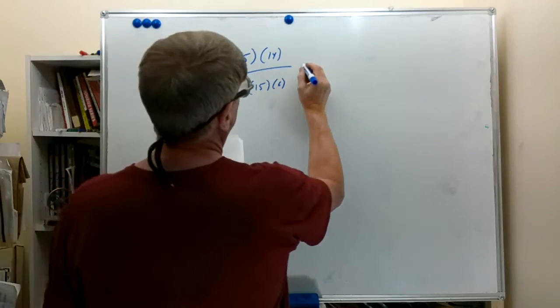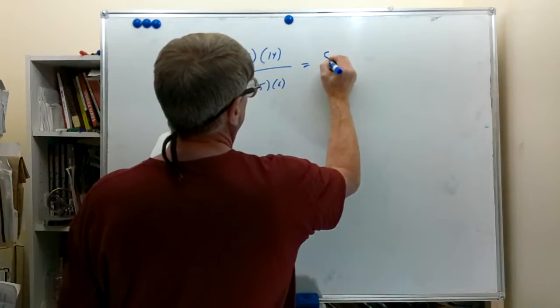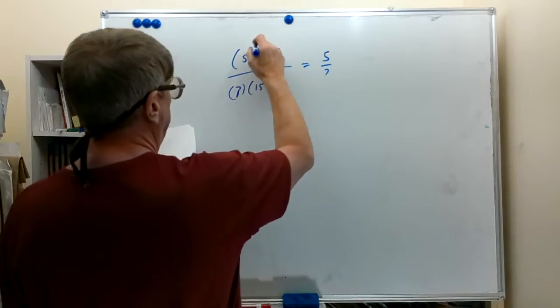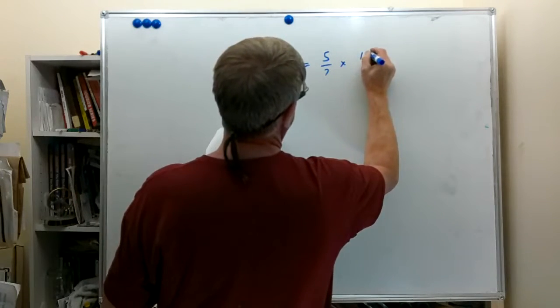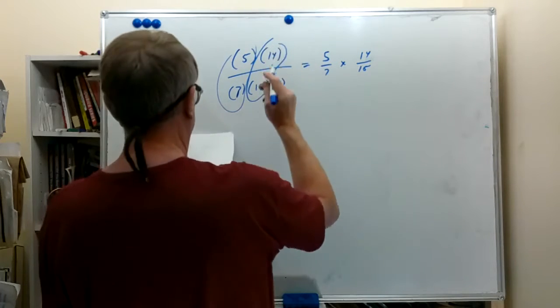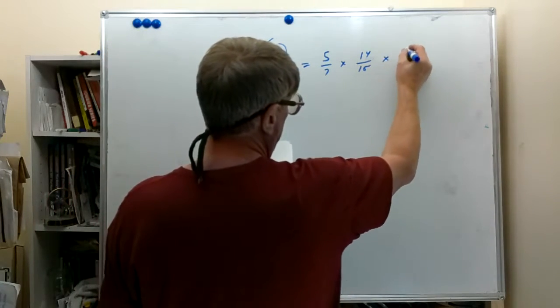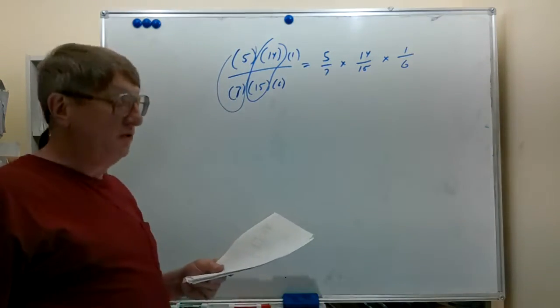Another way, we can notice that this is equal to, we can divide these up: 5/7, that's this piece, times 14/15, that's this piece, times 1/6. By putting a 1 in there, we can always add a factor of 1, it doesn't change the value.